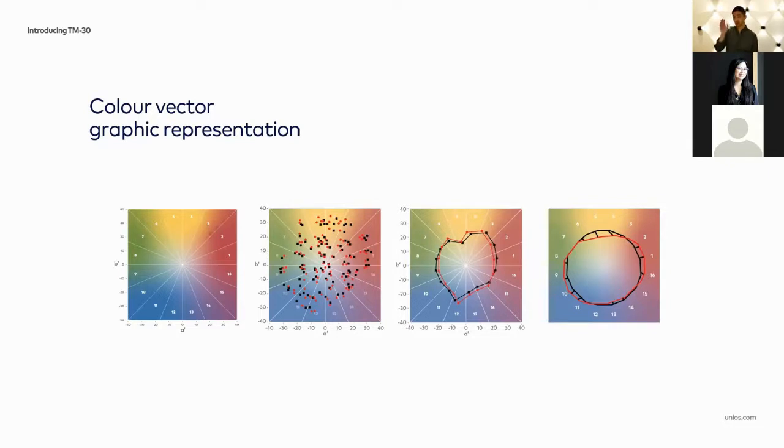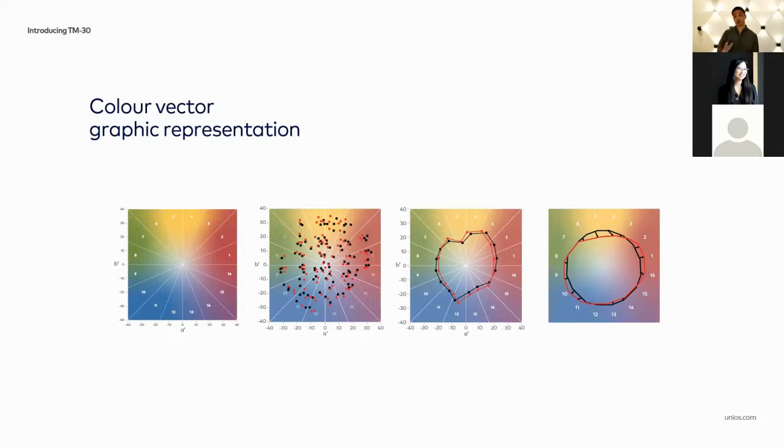We then group each of the dots in each of the hue bins to a single dot, and we link them all up together, as you see in this third diagram here. But to make things easier to review, we normalize the reference illuminant, the black one, into a perfect circle, essentially. So we can easily compare the difference between the test source that we're reviewing and the reference source.